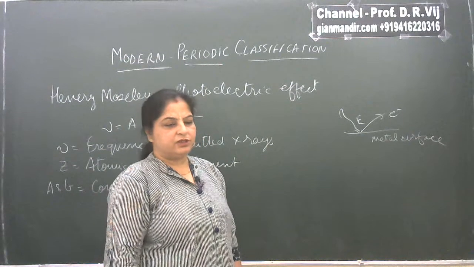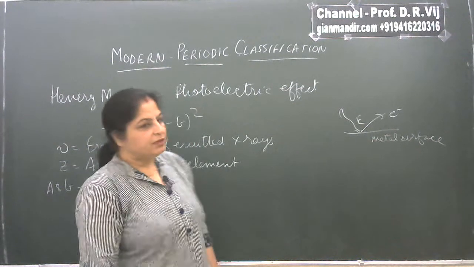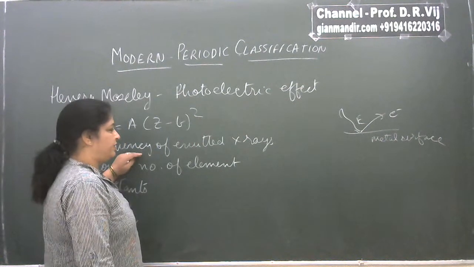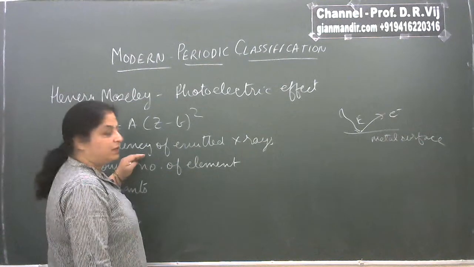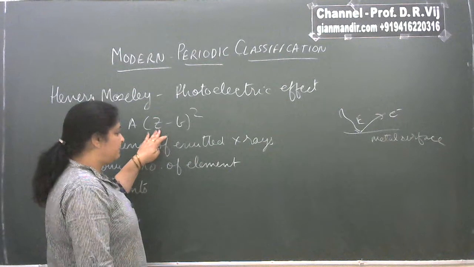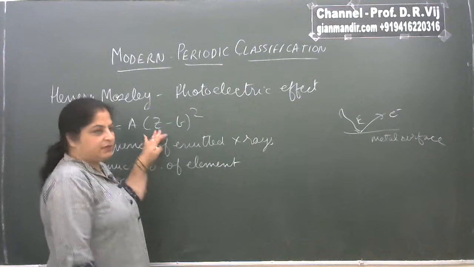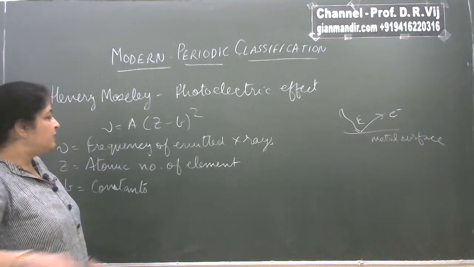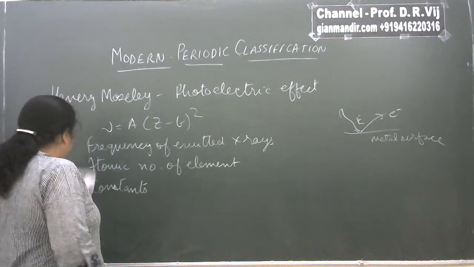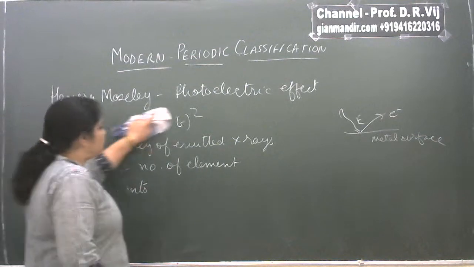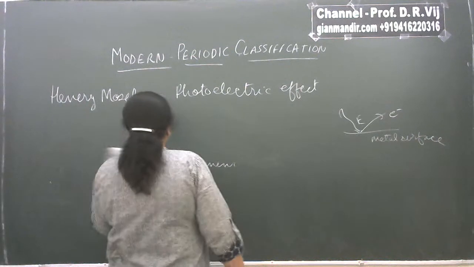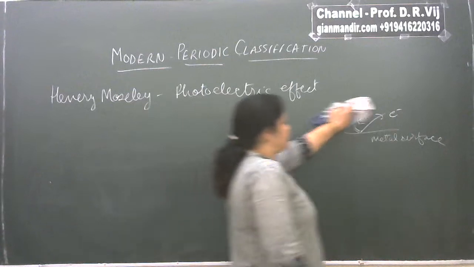During this ejection, the frequencies of the emitted X-ray radiations depend upon the atomic number, not atomic masses. Based on this, Moseley concluded that the atomic number is a more fundamental property than atomic mass.